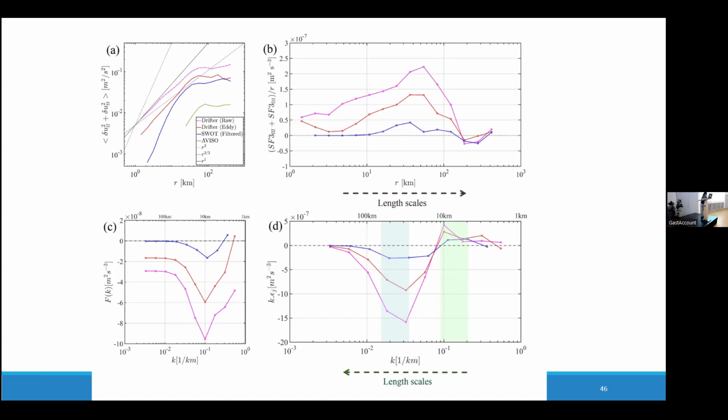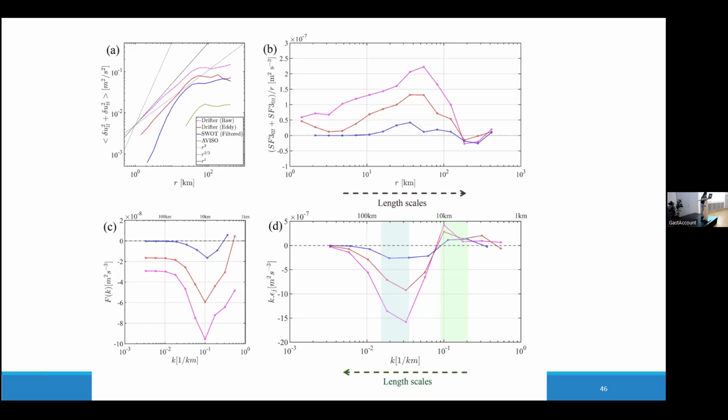What is interesting is that the sign of the energy transfer agrees pretty well, and it's mostly upscale energy cascade, and only starts to be downscale at the largest wavenumbers. But the magnitude of the energy transfer diagnosis is much bigger from the drifter data than the SWOT data.